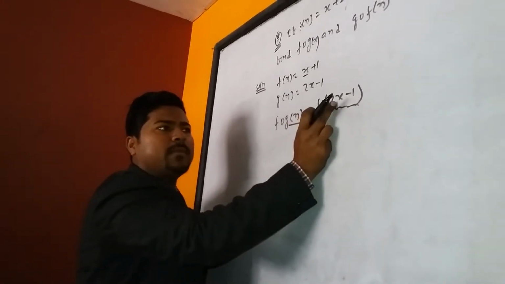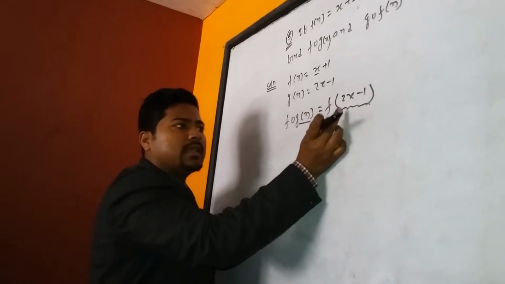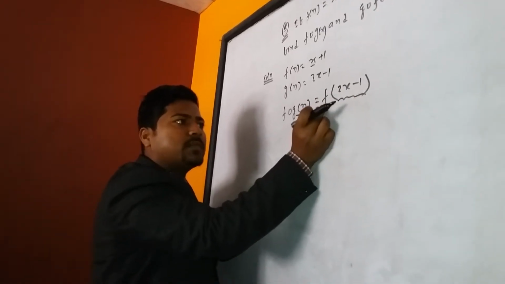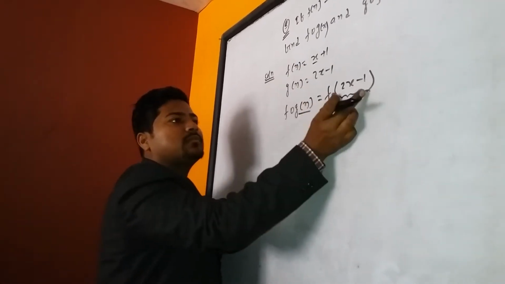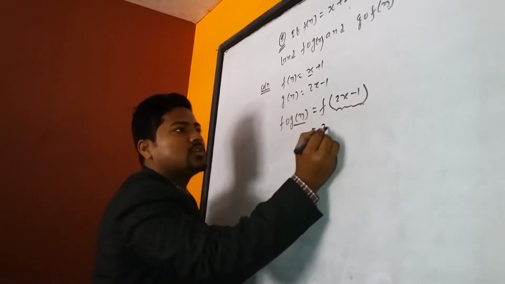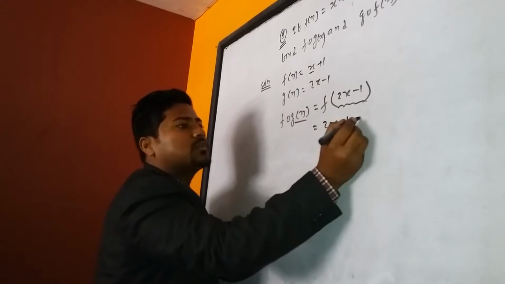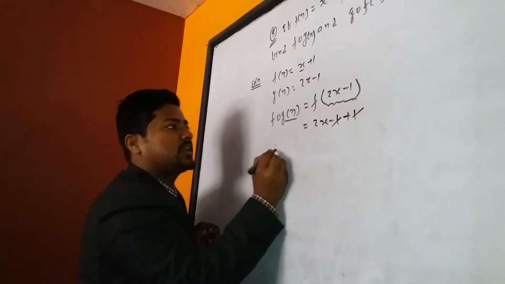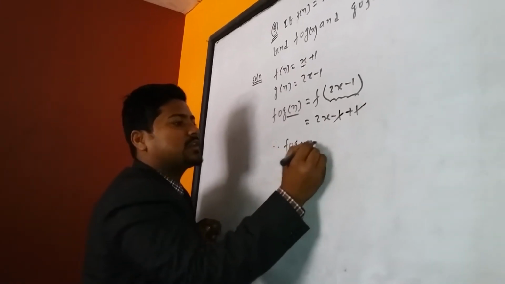So in f, in place of x we write 2x minus 1, and the plus 1 is already there. This is cancelled. Therefore fog(x) is equal to 2x.